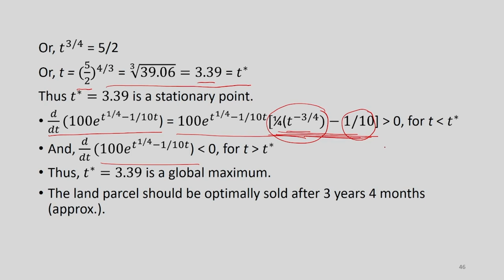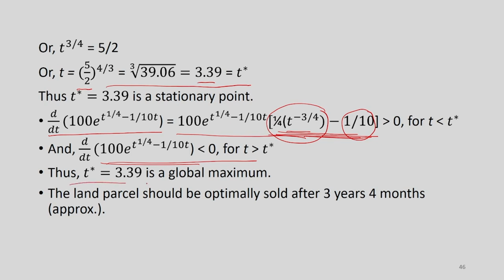So, to the left of the stationary point, the first derivative is positive, and similarly for t greater than t star, the first derivative is negative, and that is what we needed to show that t star is a maximum.